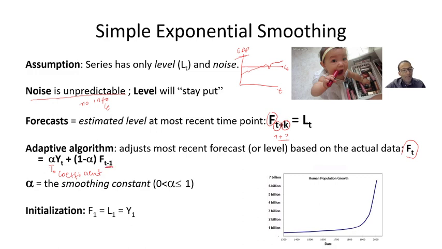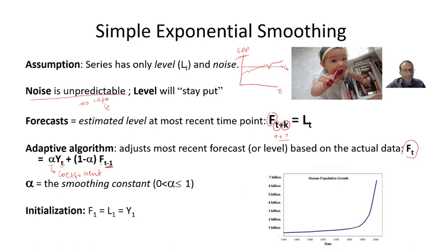That is how we are using weights, as I said at the start of this lecture, in order to forecast the future. We give a weight to the observation at time t, and a weight to F_t minus 1.